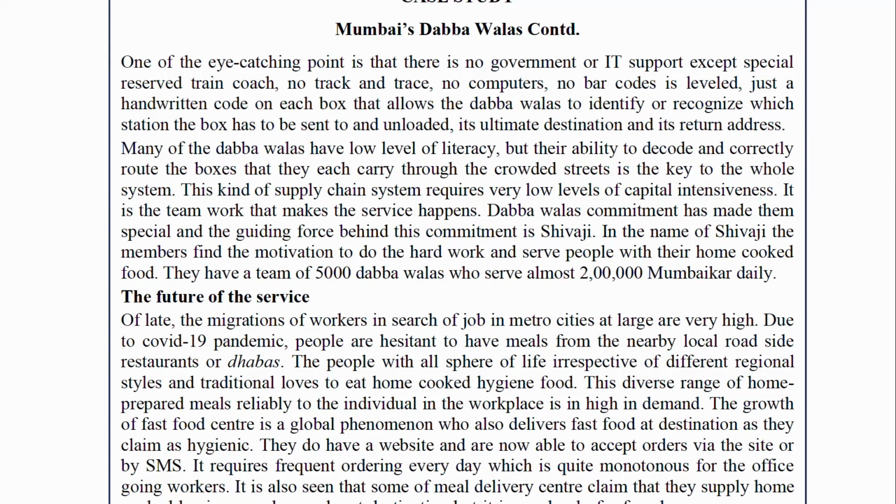Many of the dabbawalas have a low level of literacy, but their ability to decode and correctly route the boxes that they each carry through the crowded streets is the key to the whole system.